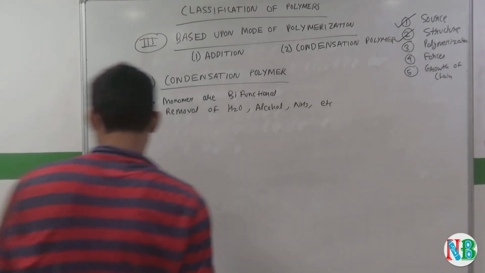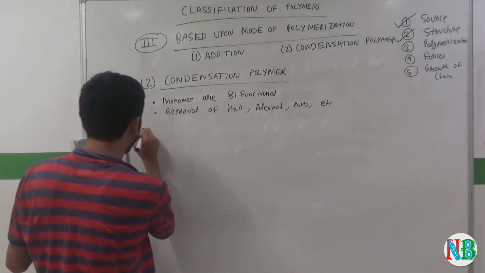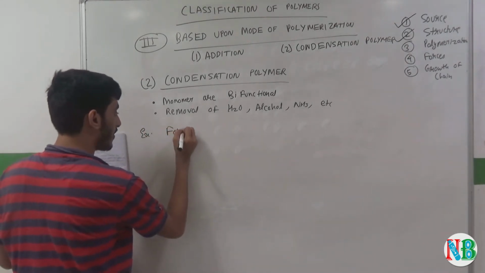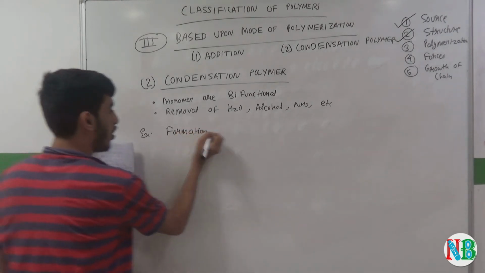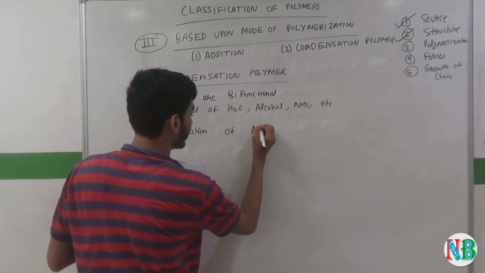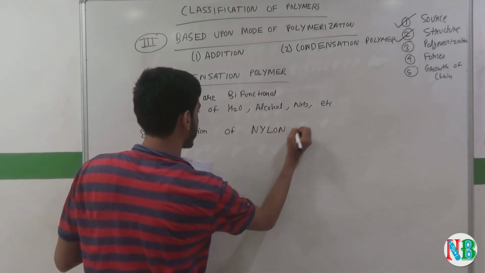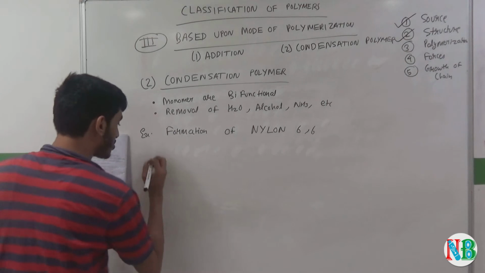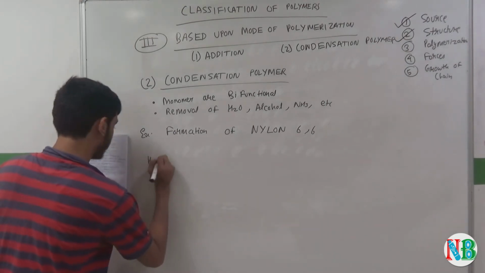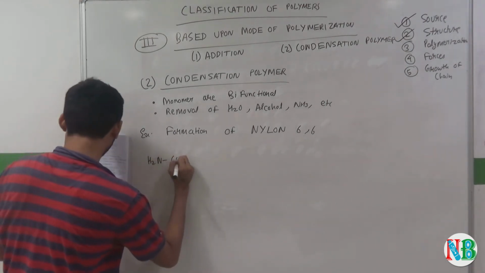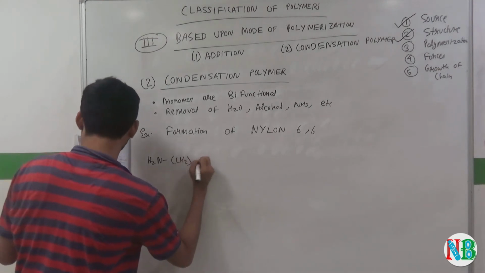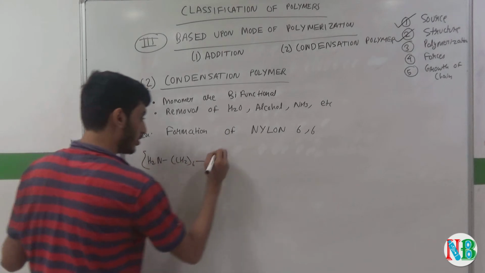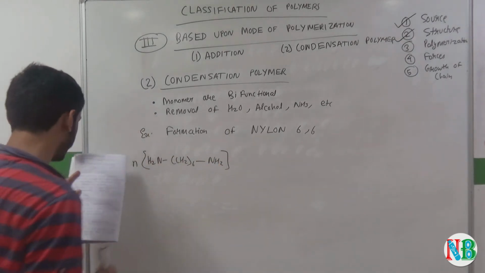So suppose I take the example of formation of nylon 6,6. This is the first block.